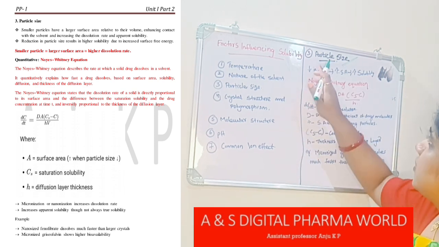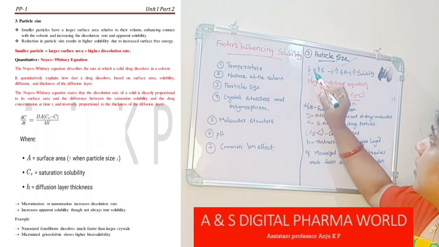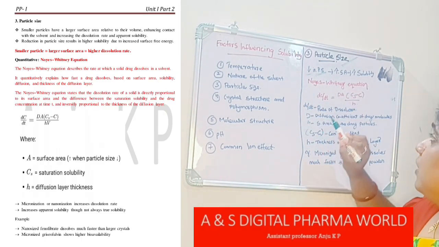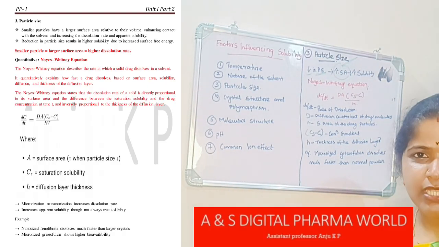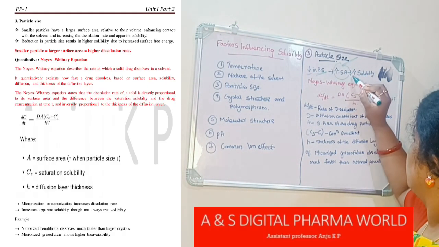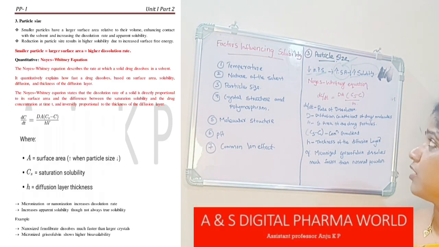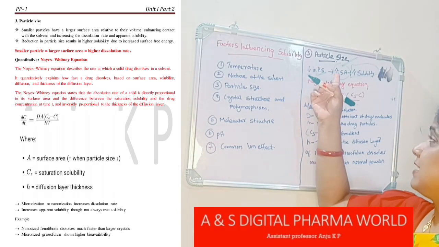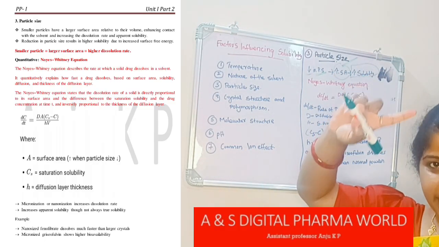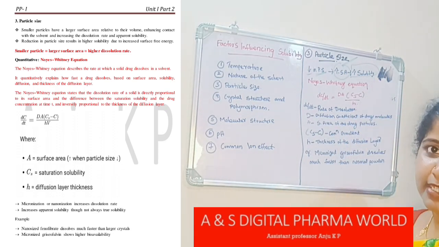Here also the same thing: if we reduce the particle size, the surface area increases. If the surface area is larger, the solubility usually increases. The concept is that reducing particle size increases surface area, and thereby the solubility also increases.